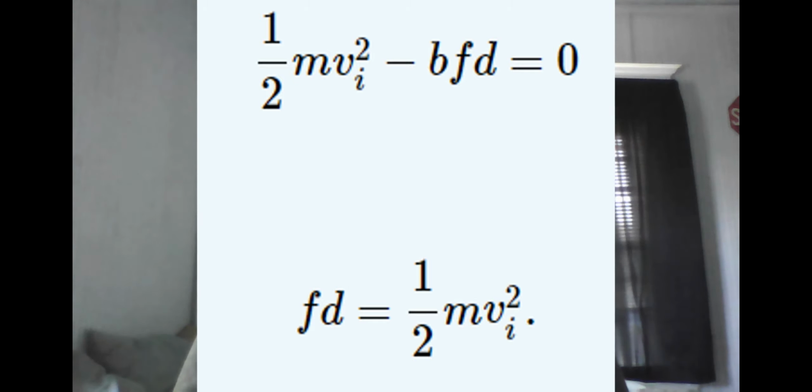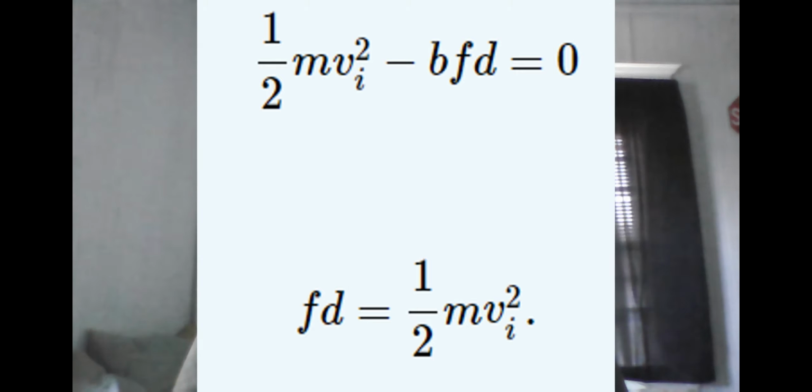We chose 0 as a final answer because the baseball player slides to a stop, so it has 0 kinetic energy. And we chose to do the minus instead of a plus because the force of friction is in the opposite direction of the initial motion, so it takes away.